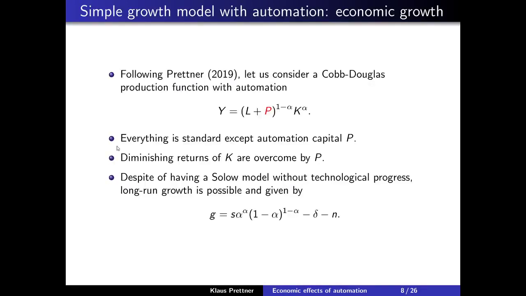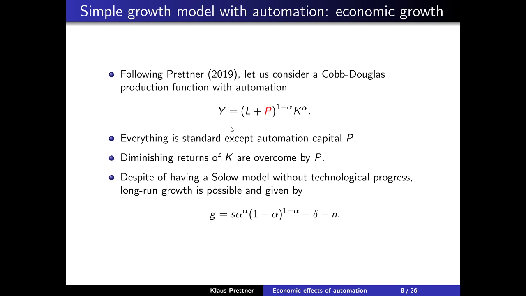So I start here by using a simple Solow model of economic growth, and introduce to the Solow model of economic growth a production factor that is a perfect substitute for labor, but is in essence physical capital.